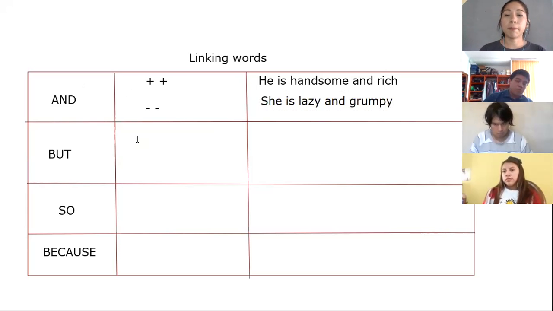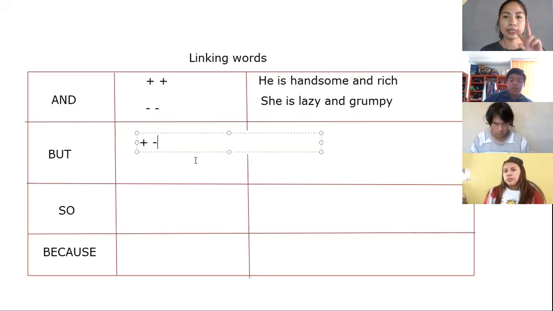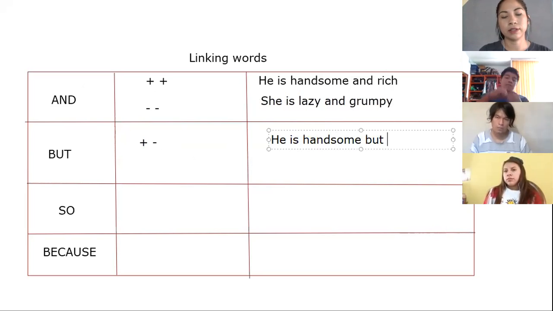When we use but is to make a contrast. For example, if you have 1 positive and 1 negative, that is but when the things are different in category. Let's say he's handsome, but poor, right?